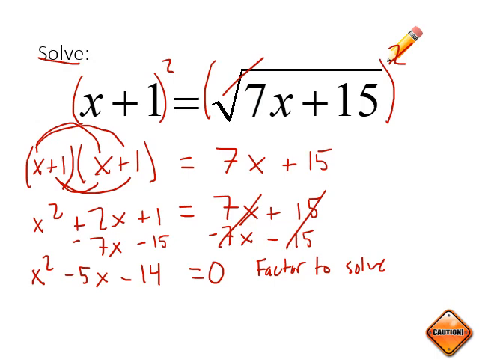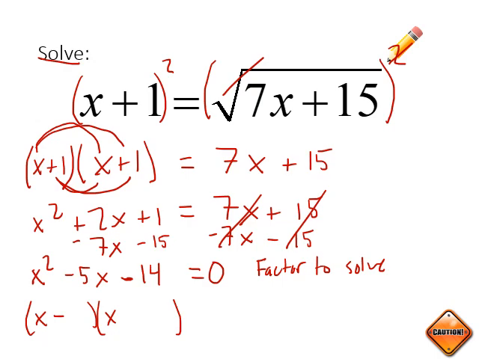This is a super easy quadratic. Leading coefficient is 1. So I know that in my two binomials, my first numbers are x and x. My second numbers are factors of 14, where one of them is negative. It's a negative 14, so one of them has to be negative. So the difference of those two factors has to be 5. Well, the difference of 1 and 14 is 13.